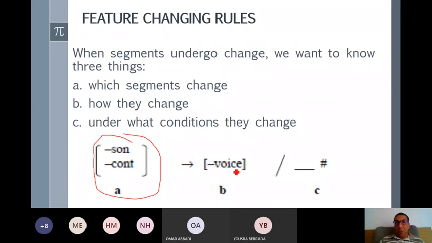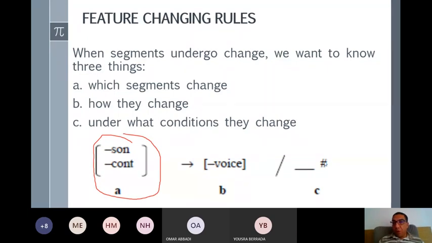This is the information found between the arrow and the slash. And on the right of the slash, you will find the conditions under which this change happens, what we call the context or the trigger.